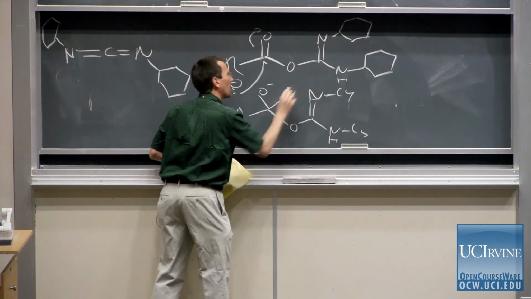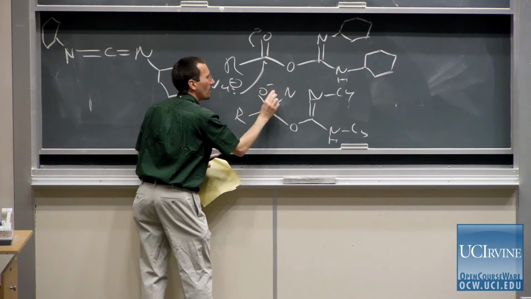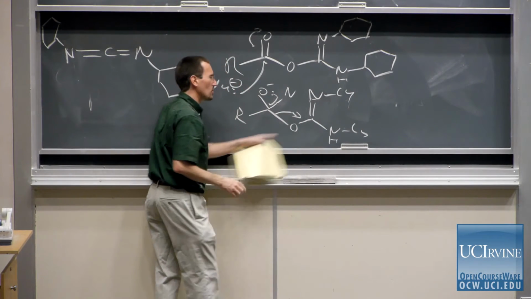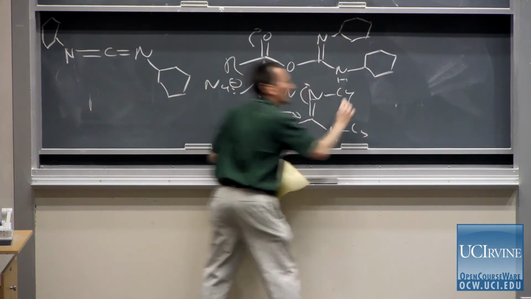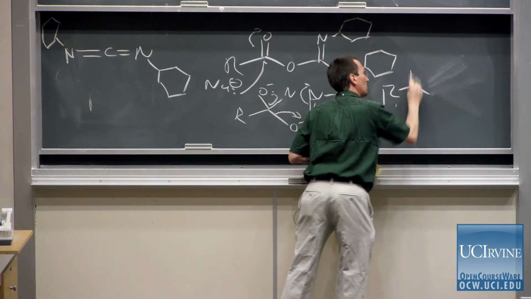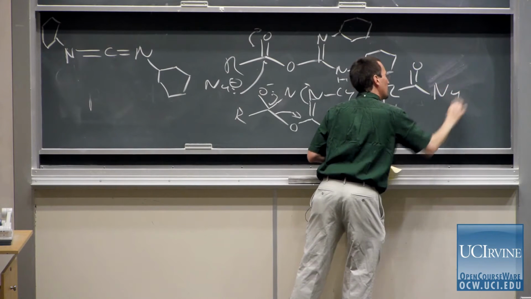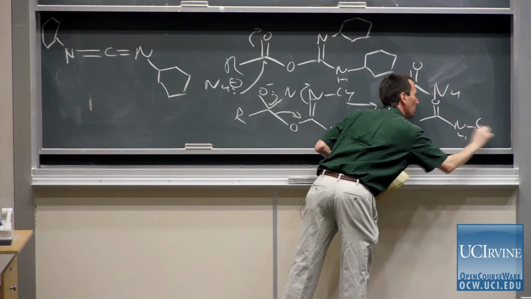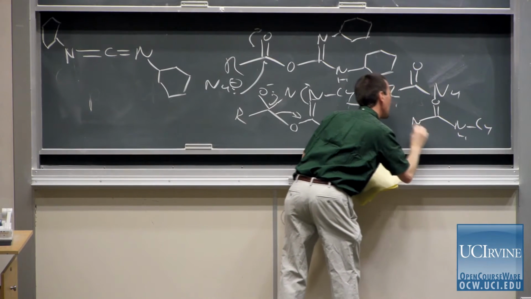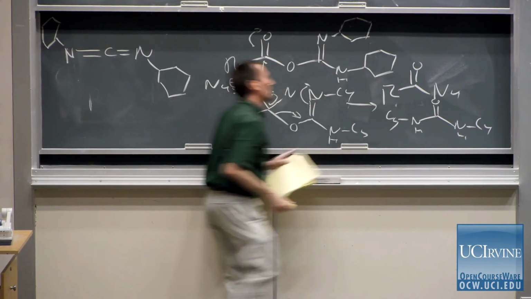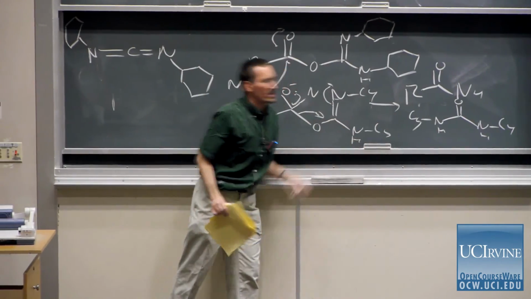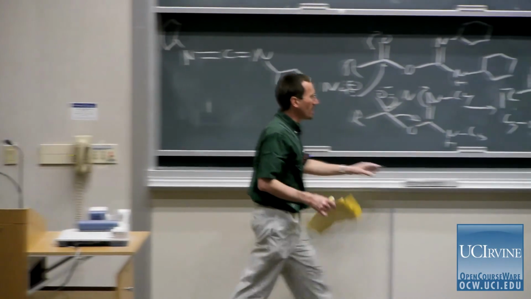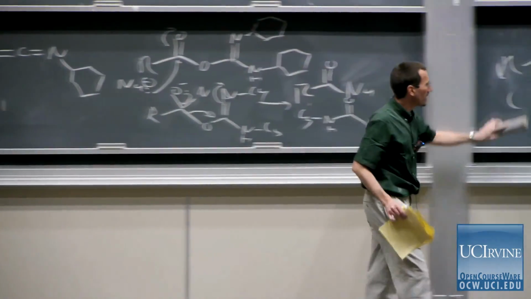Our nucleophile can come in, and we can kick back and kick out, and eventually end up giving rise to our acylated nucleophile above, and dicyclohexyl urea, which is a byproduct of this reaction. So DCC is a very useful reagent for making esters and amides.